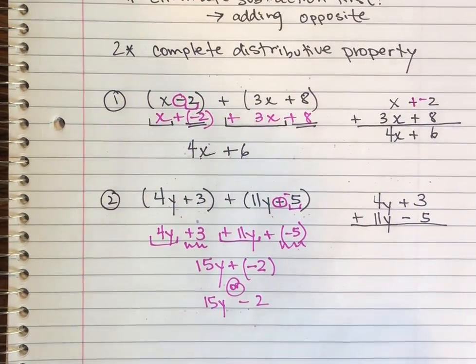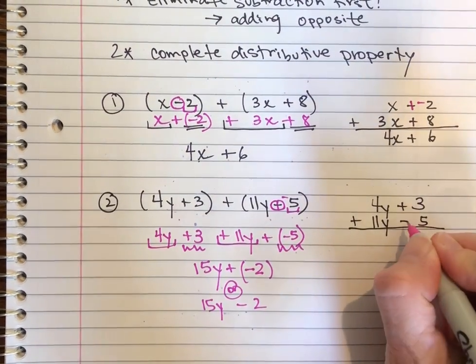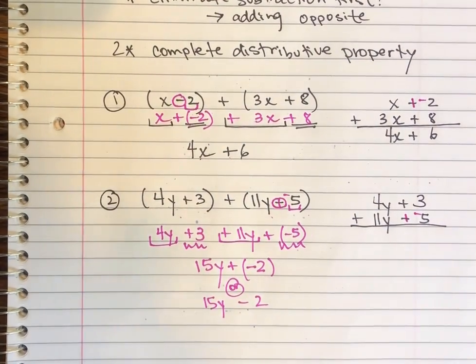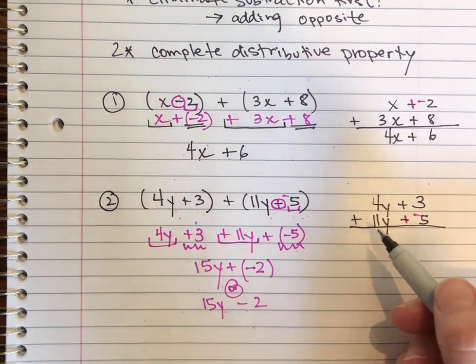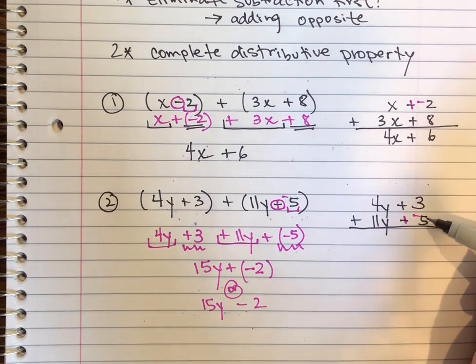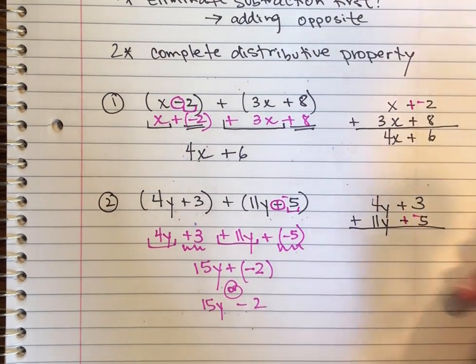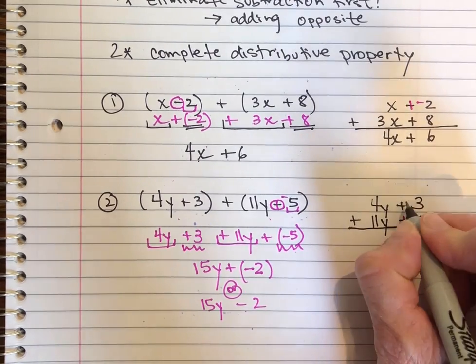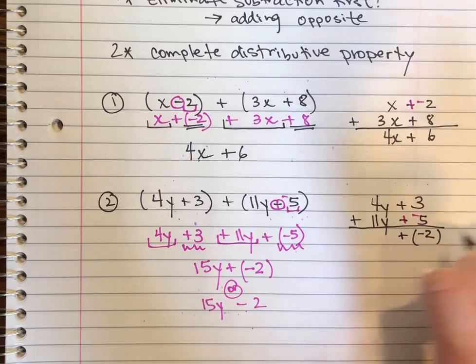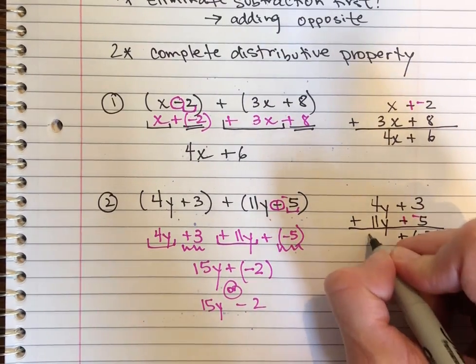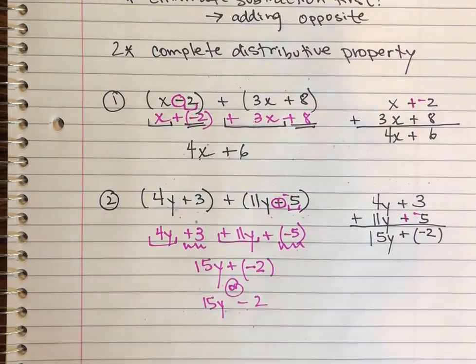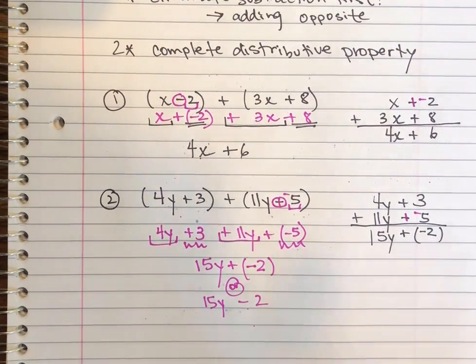So I would change subtraction to addition and 5 to its opposite. And then we can just add vertically. So I have 3, I owe 5, which means I still owe 2. Drop down our addition symbol, and 11y and 4y makes 15y. Same answer, just a different method.